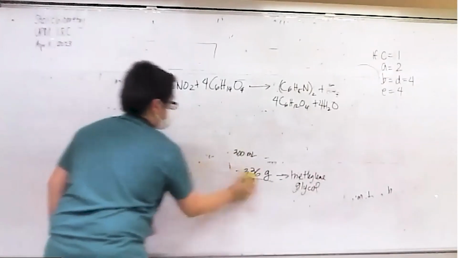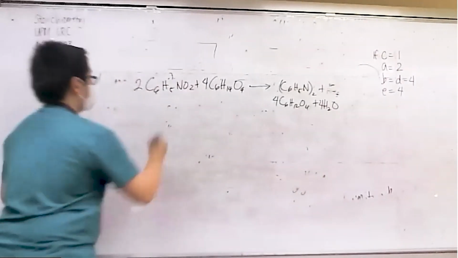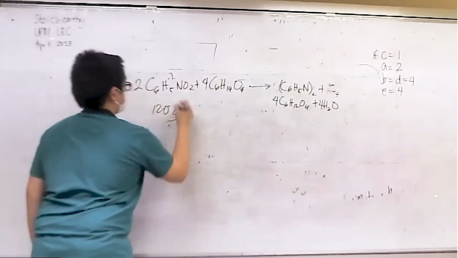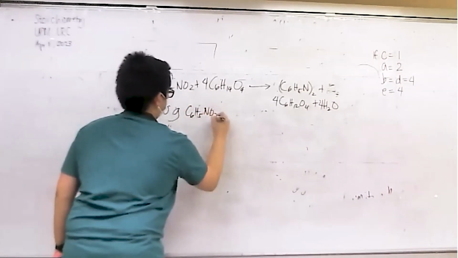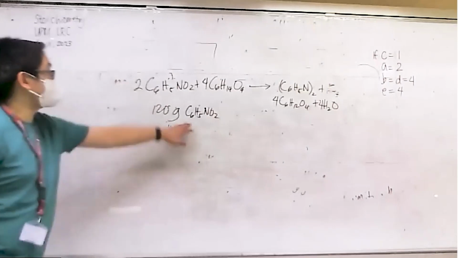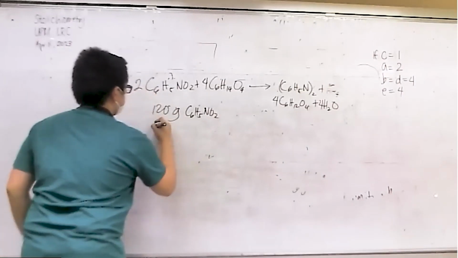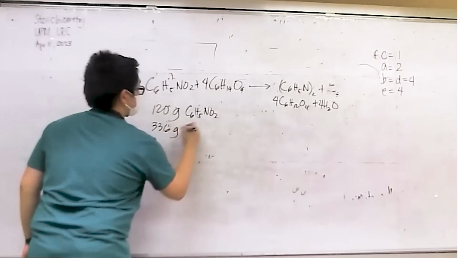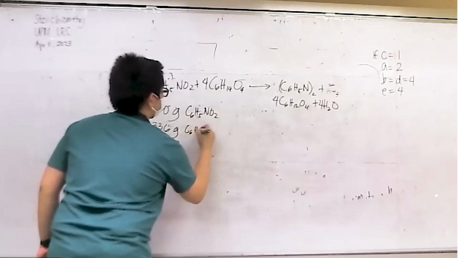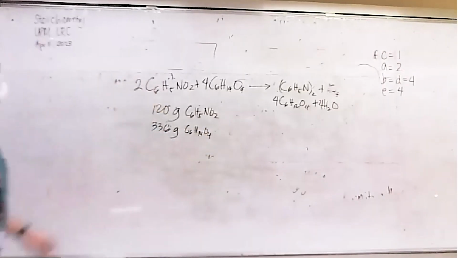Okay, so 120 grams of this C6H5NO2, this one is nitrobenzene. And then this one, 336 grams of C6H14O4. This one is triethylene glycol.